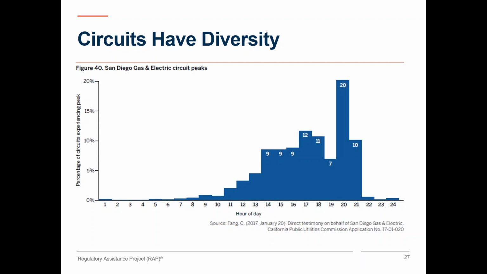The largest number is at 8 p.m. But the other peaks are actually more numerous and are spread out from late morning through about 9 o'clock at night, with some outliers at other odd times. Again, a single hour is not an appropriate basis on which to allocate these circuit costs.